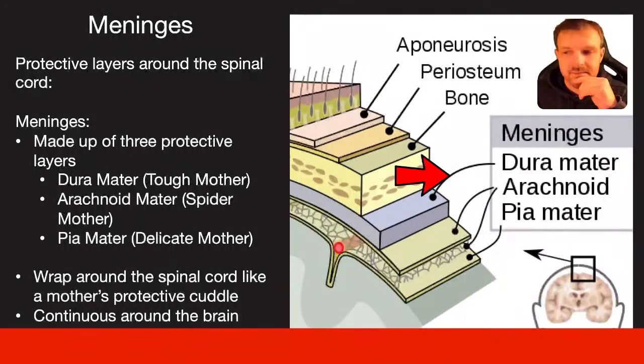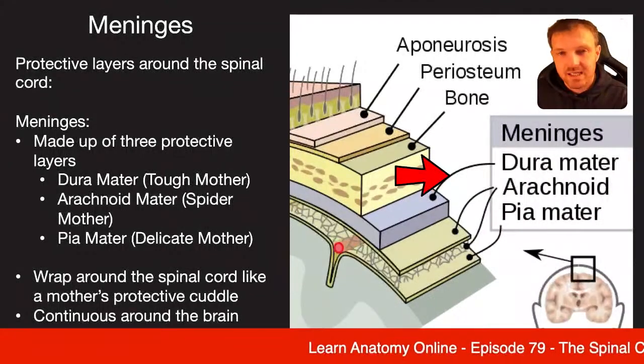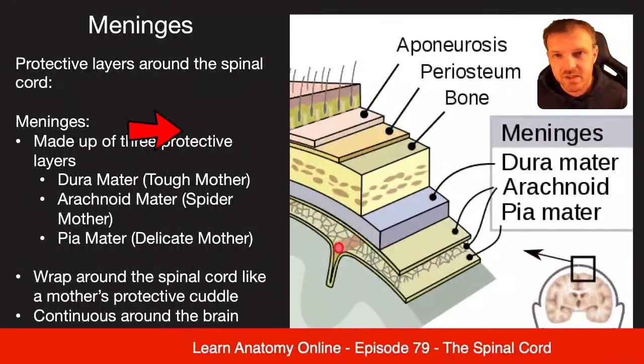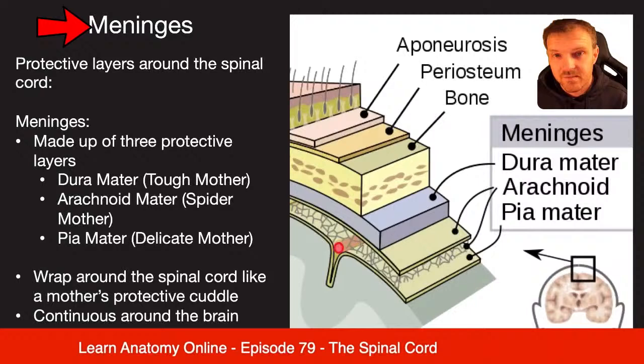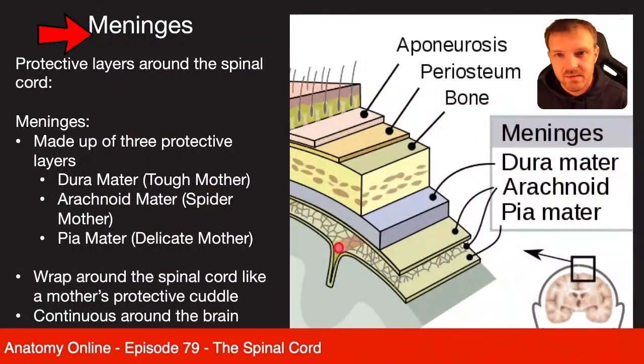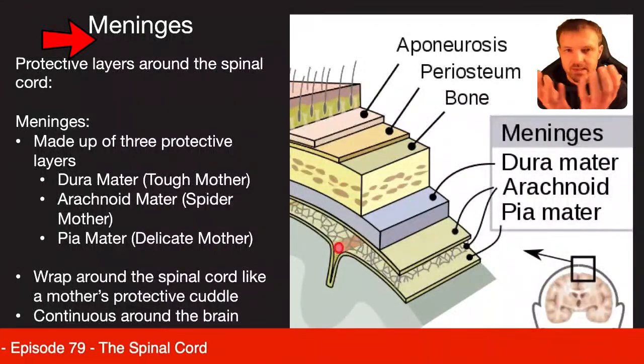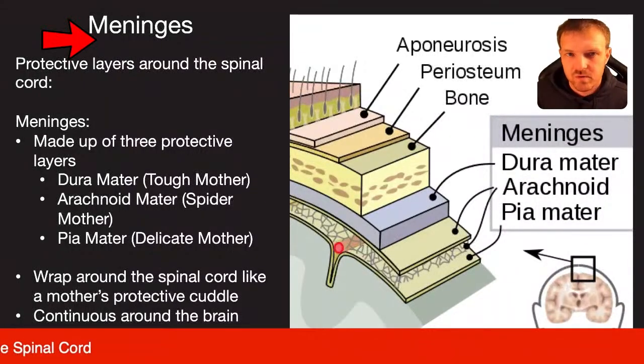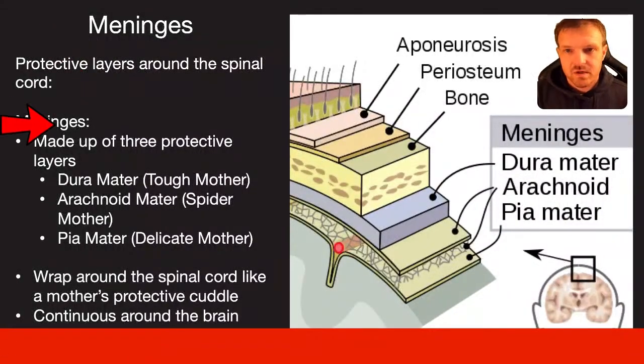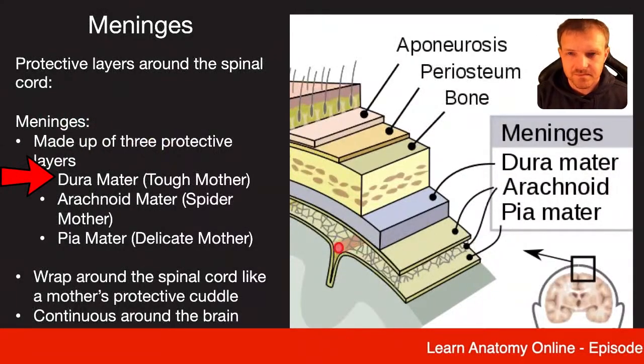You've probably heard of the condition meningitis, and meningitis is an inflammation of the meninges. Okay, so we've got these meningeal layers that are protective layers that wrap around the spinal cord itself. So the meninges, which we'll have a look at in a second, is made up of these three layers.